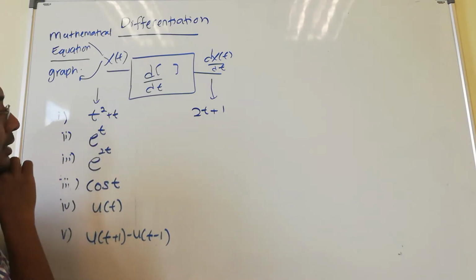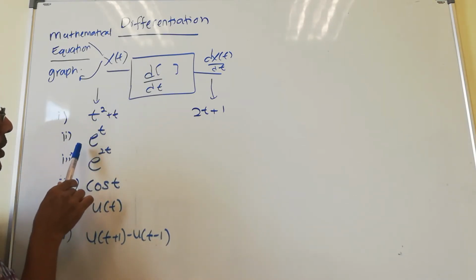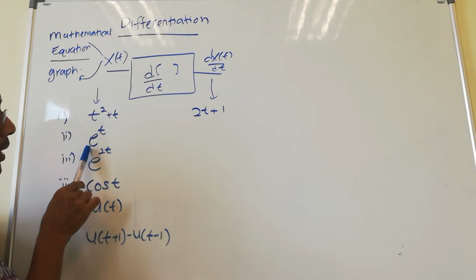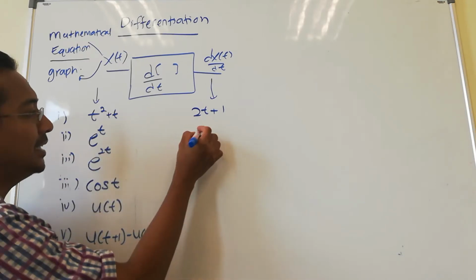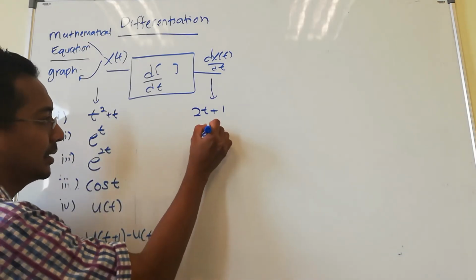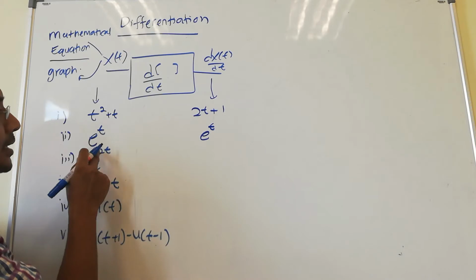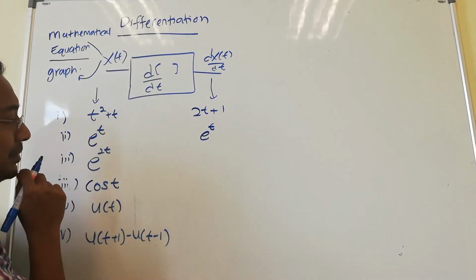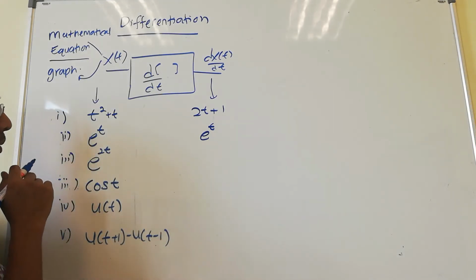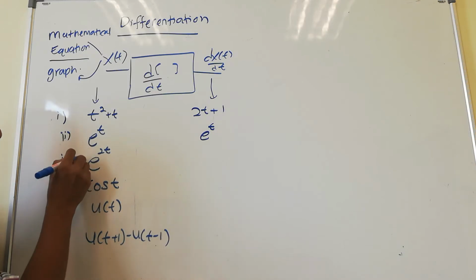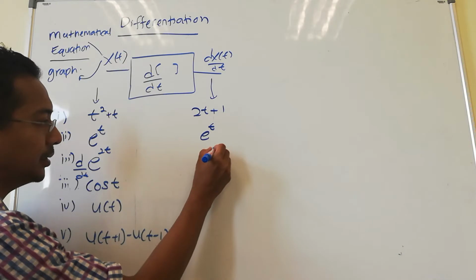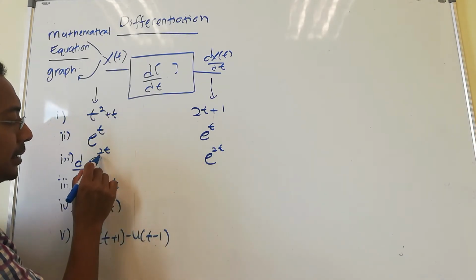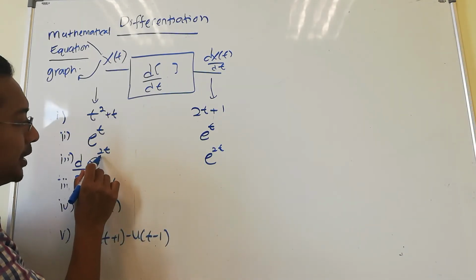The same goes for example number 2. If we have e^t, differentiation of e^t is equal to e^t. When we differentiate e^(2t), we have e^(2t), and then we multiply by the differentiation of the power, which is differentiation of 2t, which is 2.